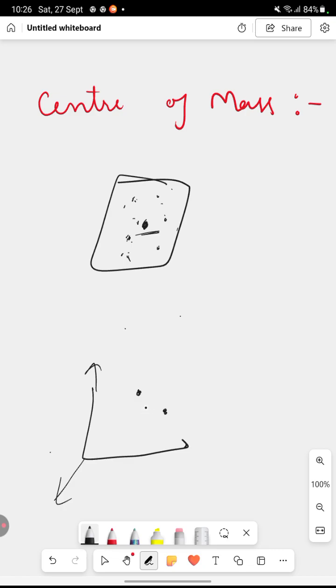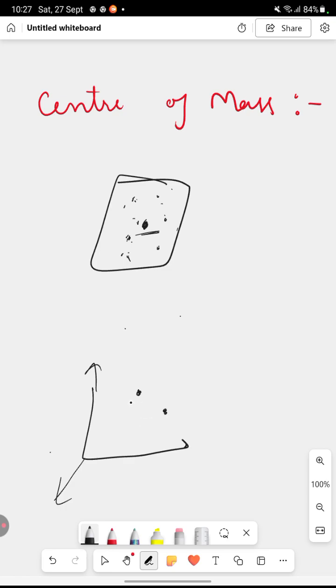Now we will find the center of mass due to these two particles. There will be some mass of this particle and this particle, and the whole mass of this body will be considered at a single point. We will find that point.